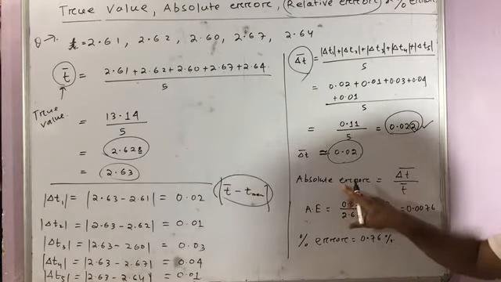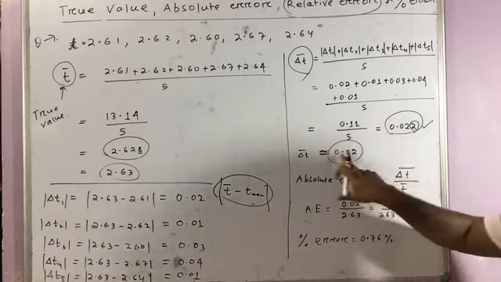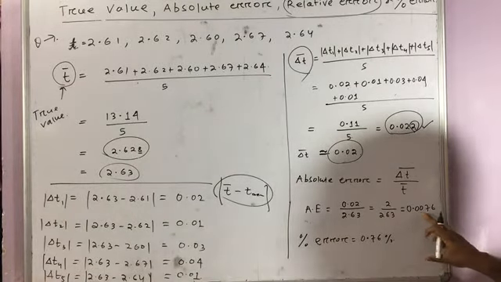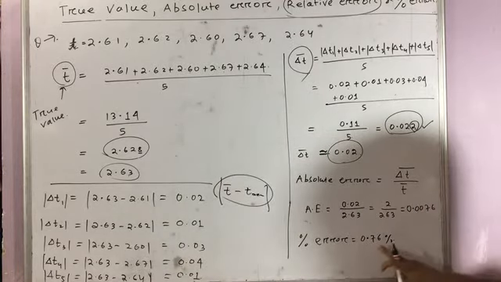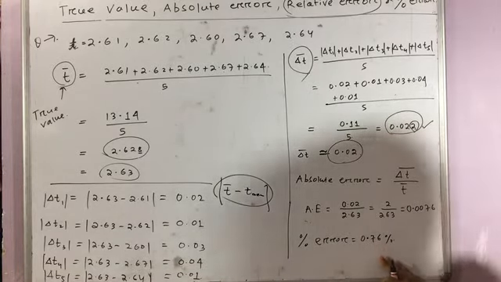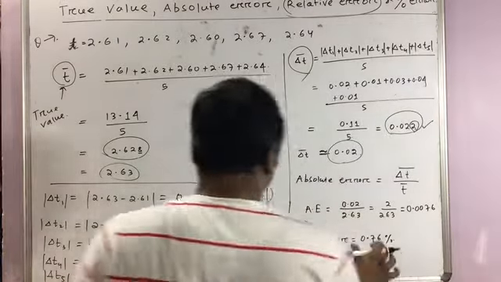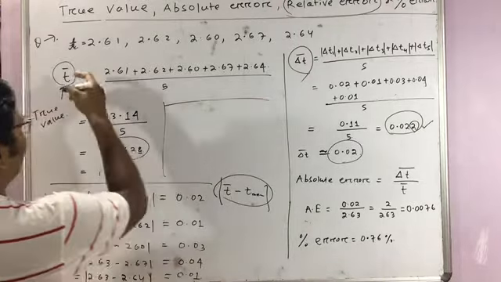Now your relative error is delta T bar by T bar, which is 0.02 by 2.63, coming out to be 0.0076. And for the percentage error, you multiply it by 100, and you get 0.76%.